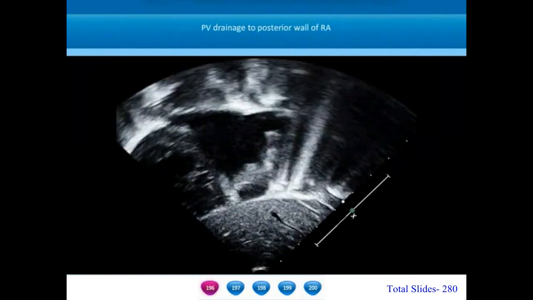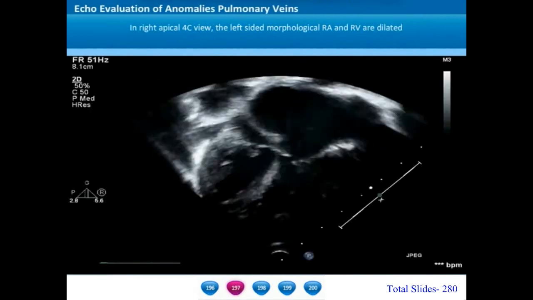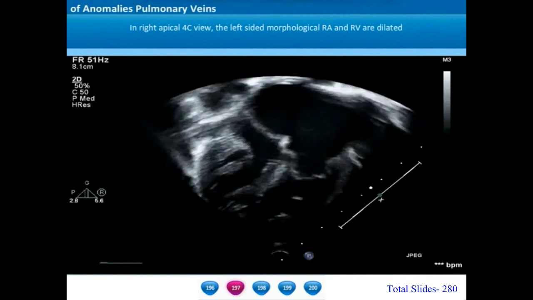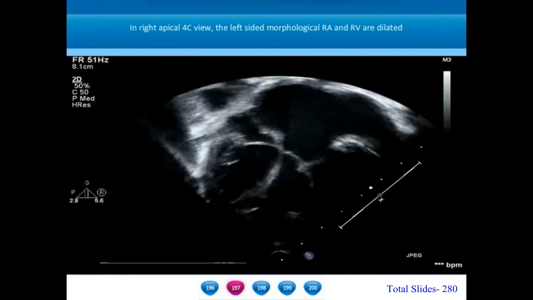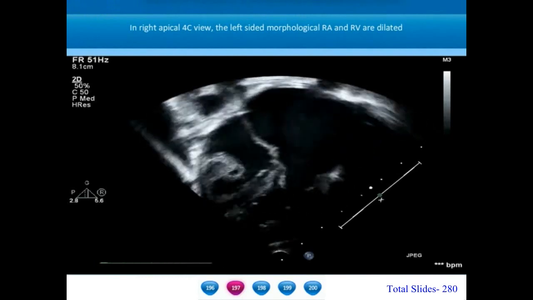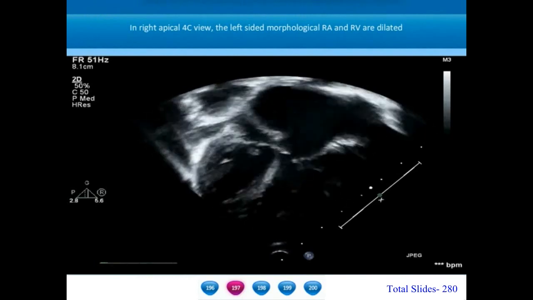A still frame showing drainage of both the right and the left pulmonary veins into the morphological right atrium posteriorly. On a right apical four-chamber view, we see the mirror imagery. The morphological right atrium and right ventricle are seen on the left side.